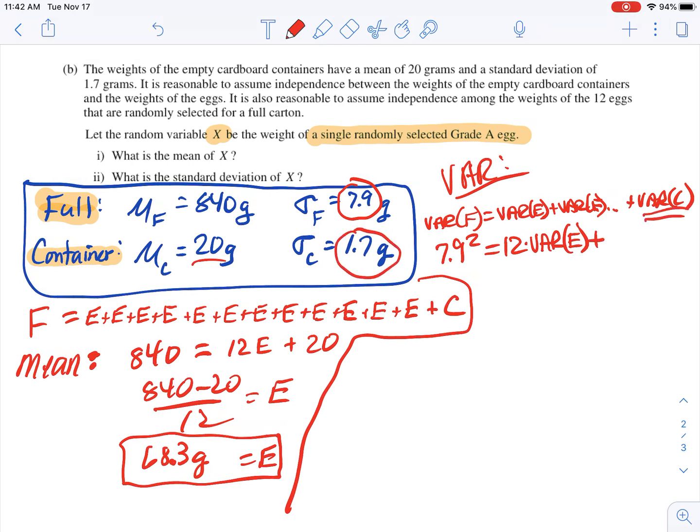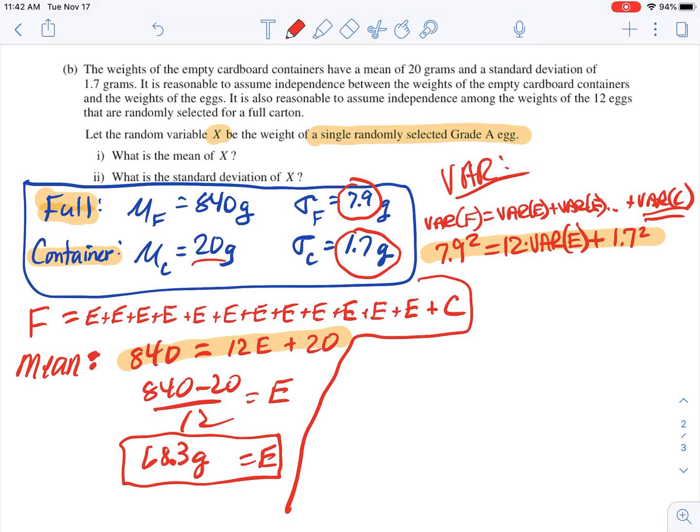Well, 1 carton has a standard deviation of 1.7, so the variance would be 1.7 squared. So similar to the equation that we had for means, we have a very similar equation, except it's with variances. The variance of the full carton equals 12 egg variances plus 1 carton variance.